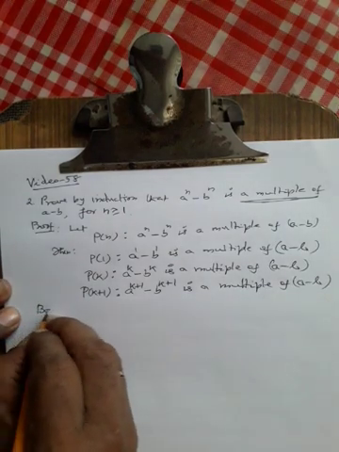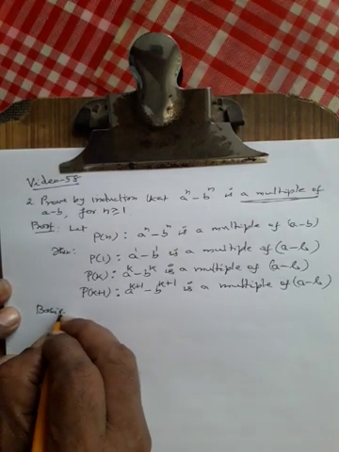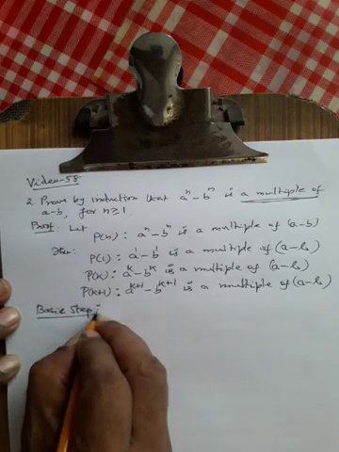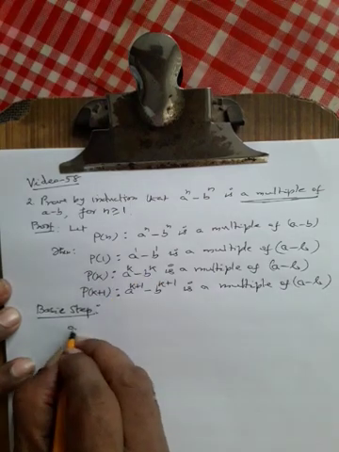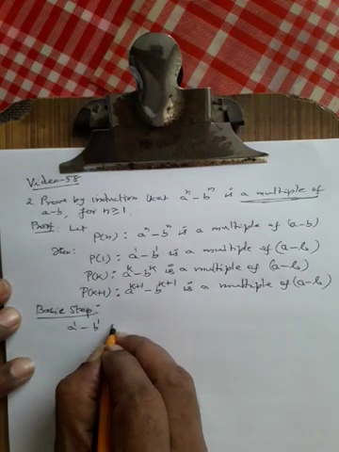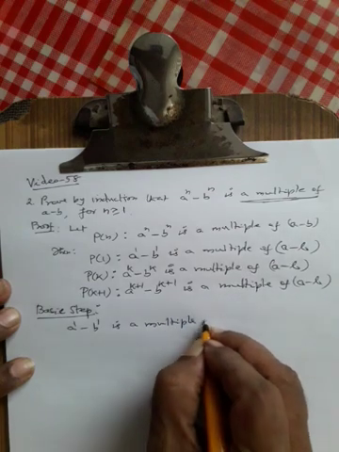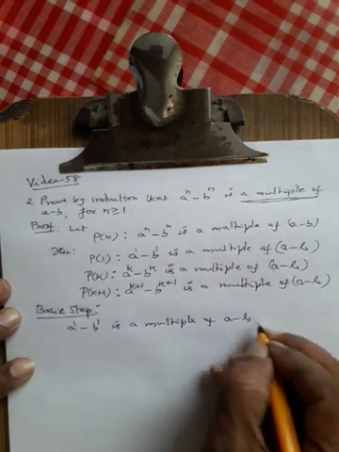So, the basic step. In the basic step, you have to prove P of 1 is true. A power 1 minus b power 1 is a multiple of a minus b.